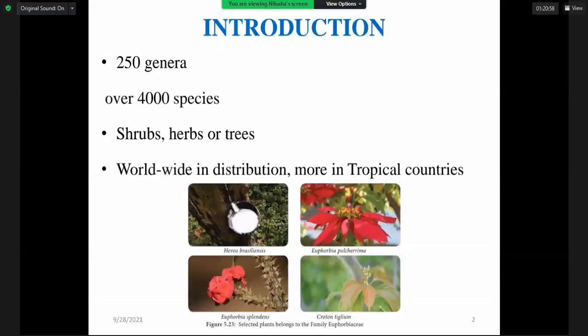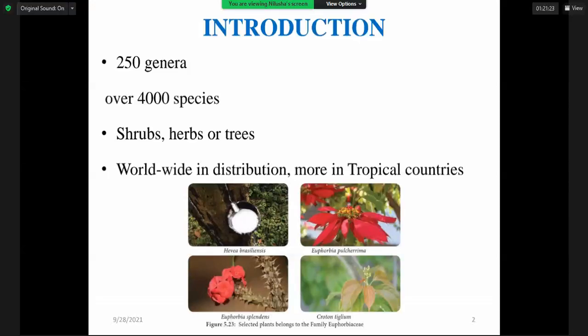This family is worldwide in distribution, but more plants are found in tropical countries. Here in this picture you can see the examples Hevea brasiliensis, which is rubber, and Euphorbia.